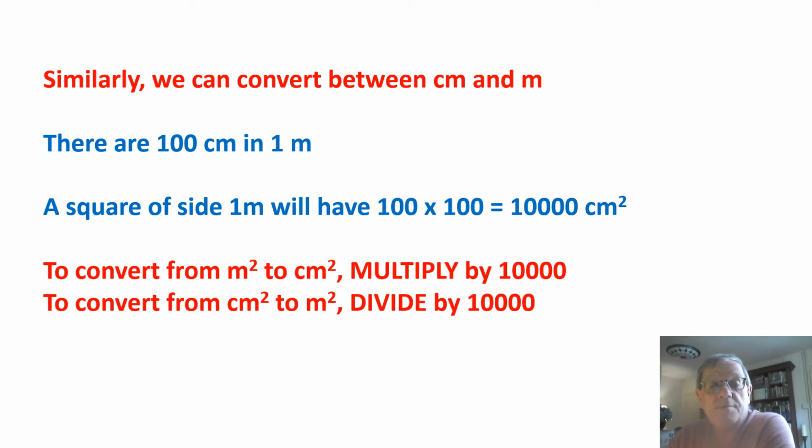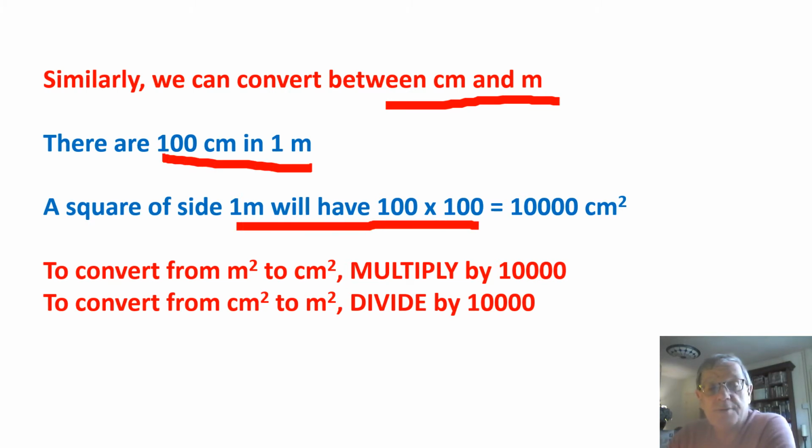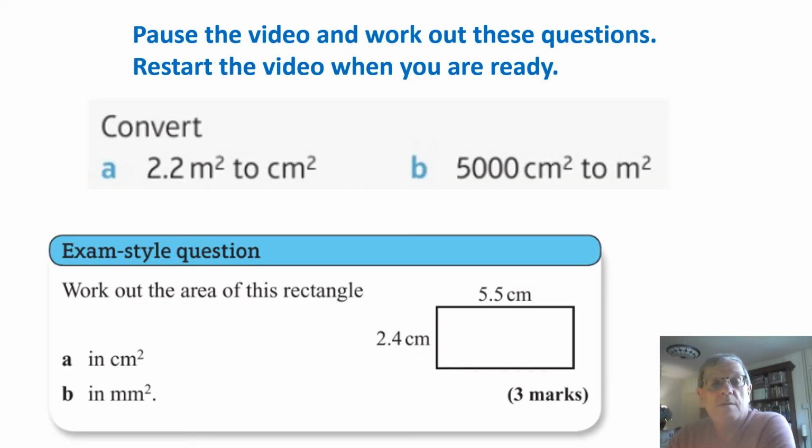Similarly, we can convert between square centimeters and square meters. There are 100 centimeters in 1 meter, so a square of side 1 meter will have 100 times 100, which is 10,000 square centimeters. So to convert from square meters to square centimeters, we multiply by 10,000. To convert from square centimeters to square meters, that's the other way round, we divide by 10,000. Similarly, a couple for you to have a go at.